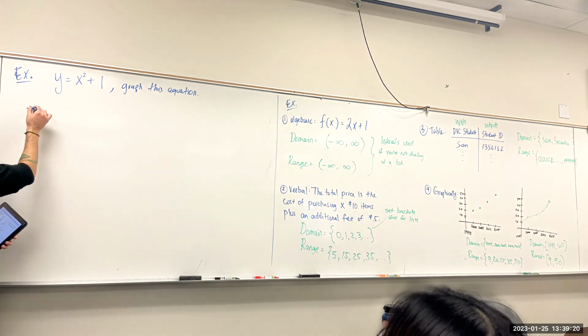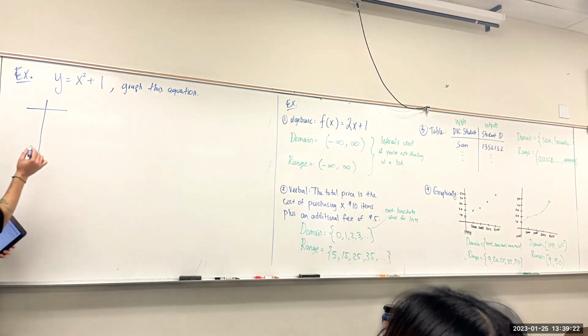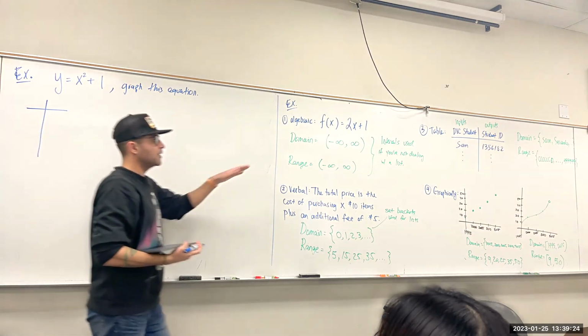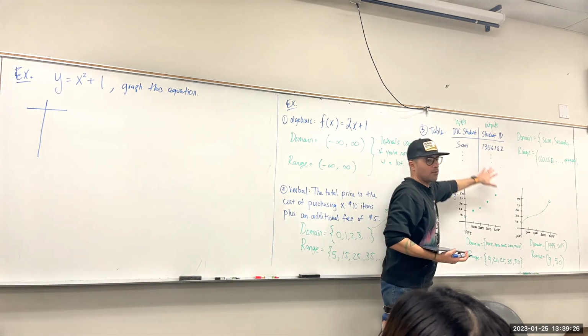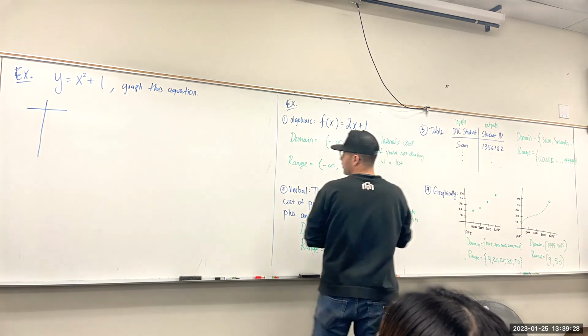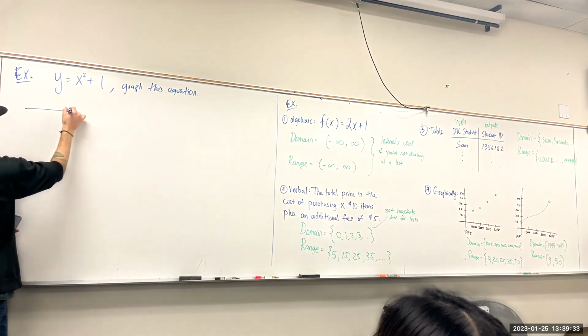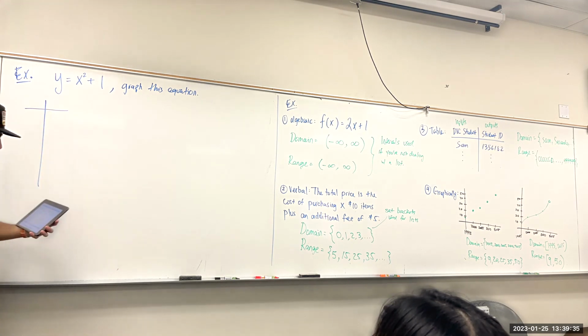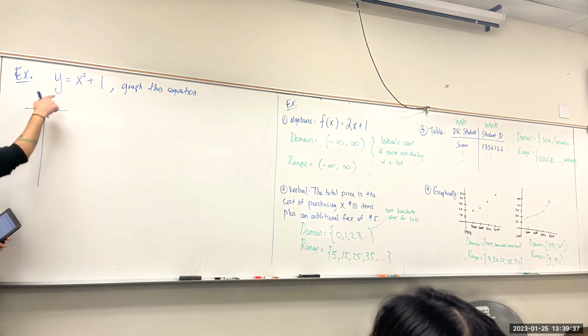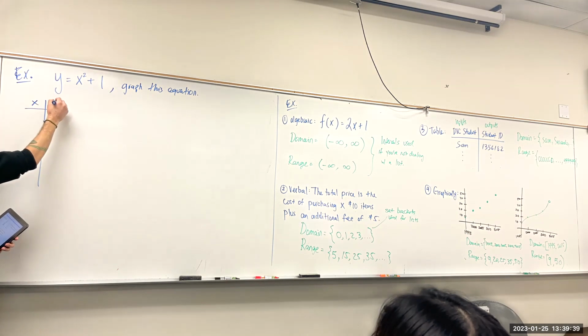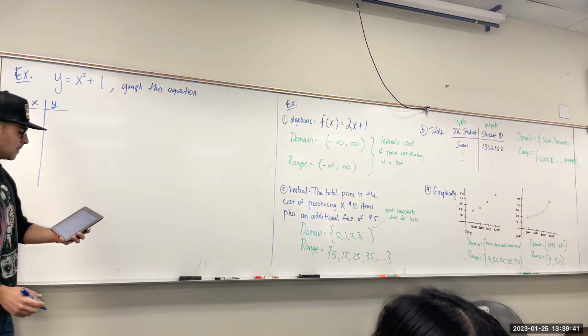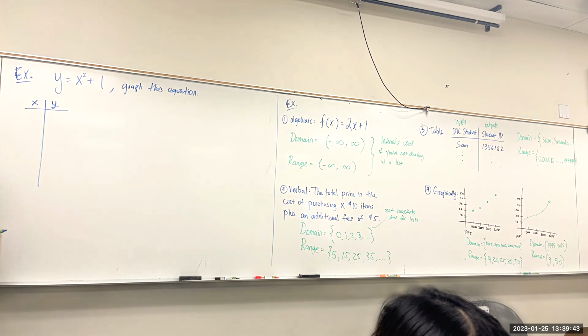One thing that you first learn is to make a table, an XY table, to start representing the function in a table format. You get a sense of what the function is doing. Let's call the input variable X and the output variable Y. To get a feel for this function, you normally pick some X values.